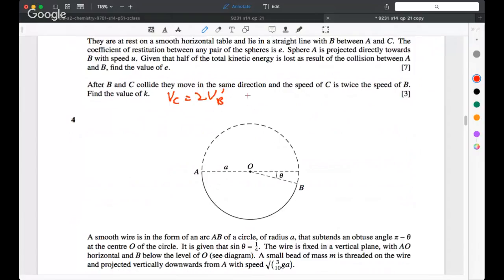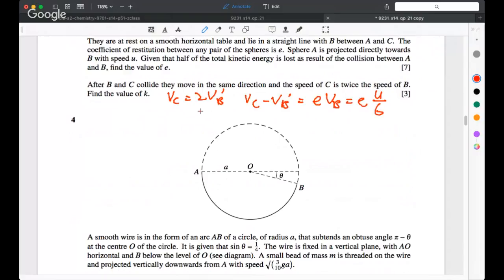And also we know that by Newton's law of restitution again, Vc minus Vb dash is equal to E Vb. And we found before that Vb is U/6.